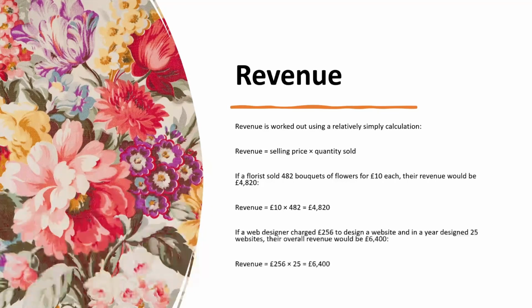We get that figure by that simple calculation: £10 times 482 bouquets sold equals that £4,820 answer. And if a web designer charged £256 to design a website, and in a year designed 25 websites, the overall revenue would be £6,400. And again, that is the 256 times 25, giving us that figure.